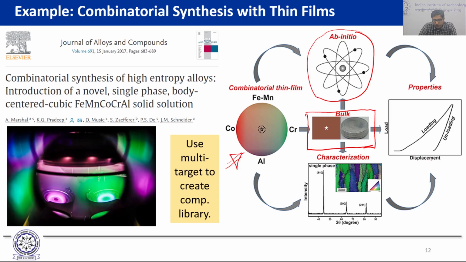And furthermore, they were also doing nano indentation type of studies in order to measure the mechanical properties of the different compositions. So this was another example where one could use a combinatorial material processing technique in order to rapidly look at a host of different alloys and characterize their structure and properties.